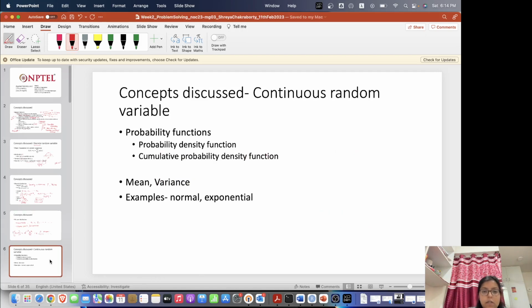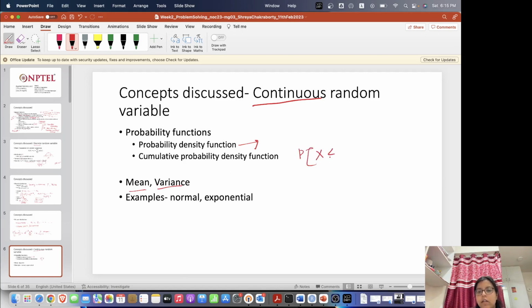So these were discussed, and in terms of a continuous random variable, what we mean by a probability density function was discussed, and also what we mean by a cumulative distribution function. And then how to compute mean and variance, the same thing.